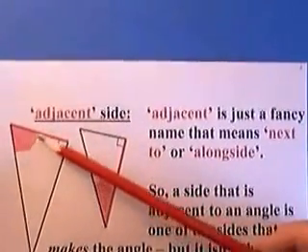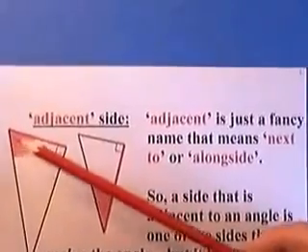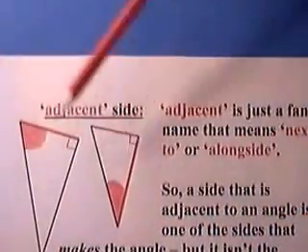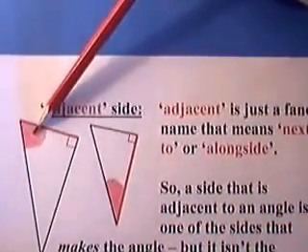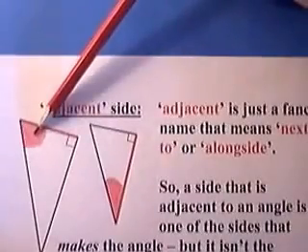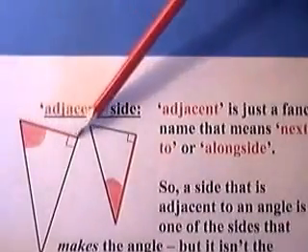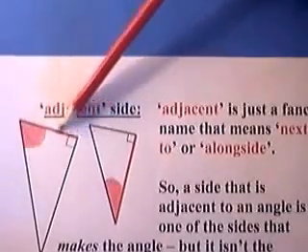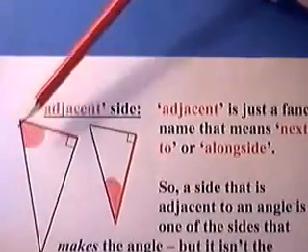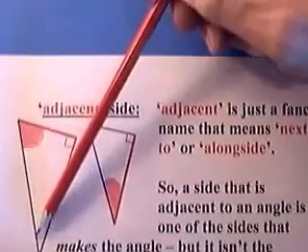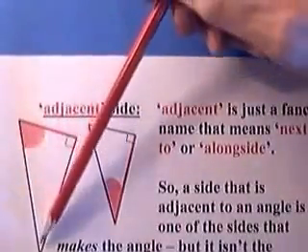Here I've shaded in this angle in red, and if you look at which side is alongside this angle, I've highlighted this one in red. This is the side alongside that angle there. I have not done this side. This is not alongside that angle.